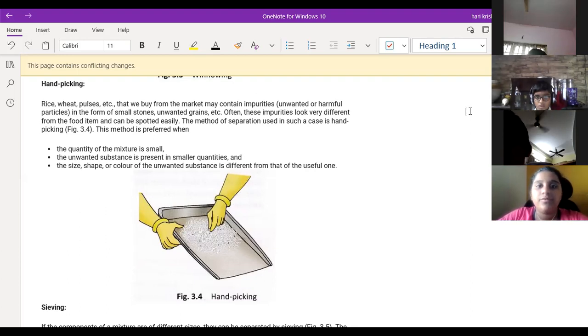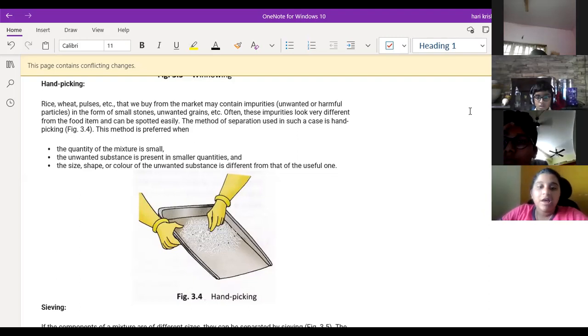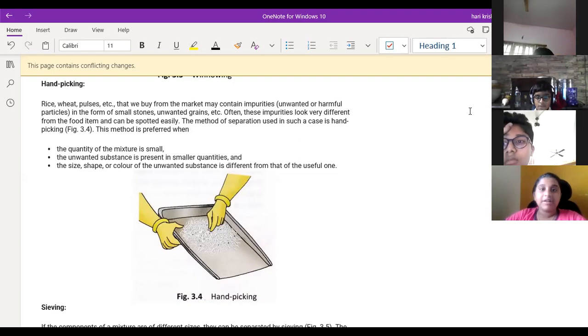So to remove those also we use hand picking. Next. Sir, we use hand picking not only for rice, but for all grains in smaller quantities, sir.